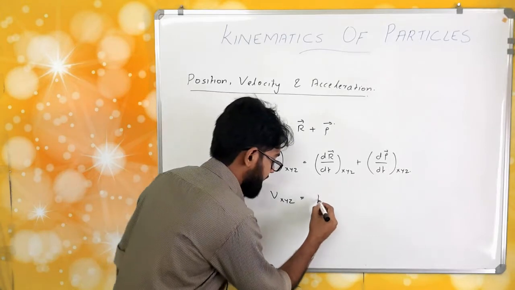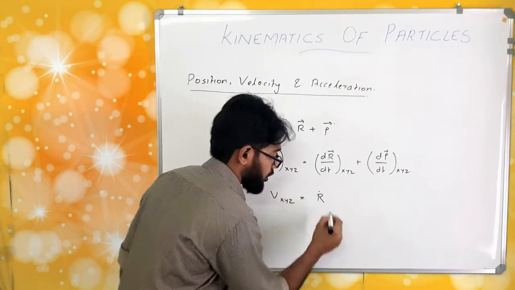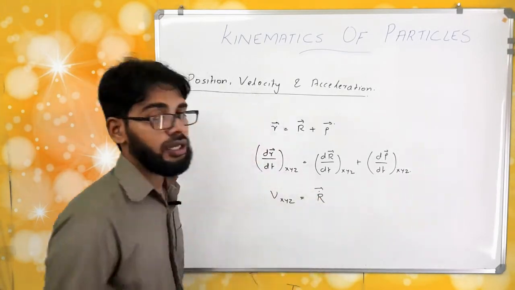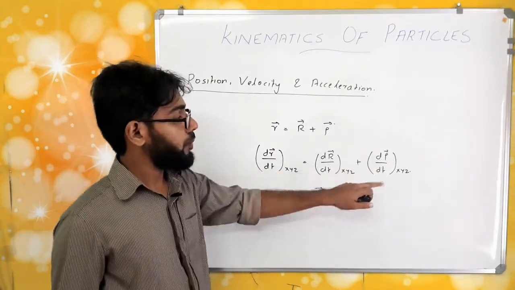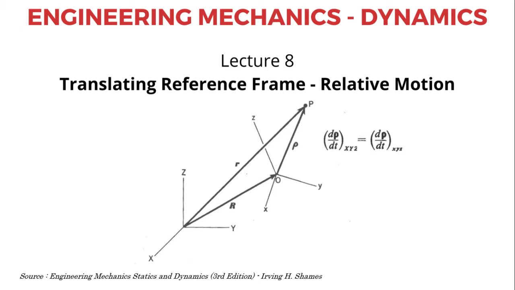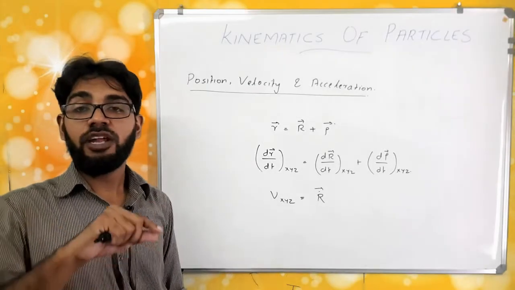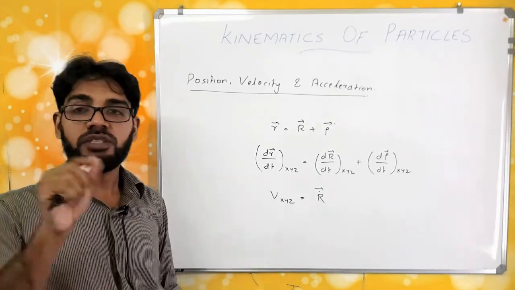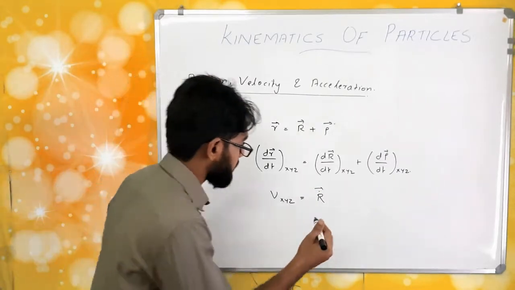So, I can indicate this as R dot, and d rho by dt with respect to capital X, Y, Z will be equal to d rho by dt with reference to small x, y, z, as we had discussed earlier. But d rho by dt with respect to small x, y, z indicates the velocity vector with reference to the translating frame x, y, z.